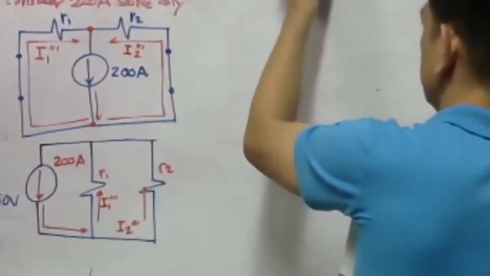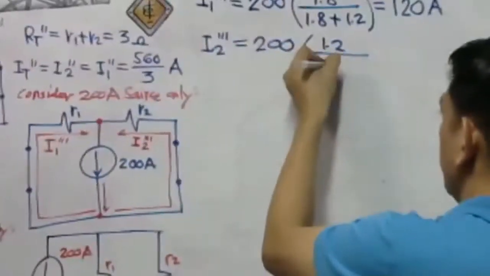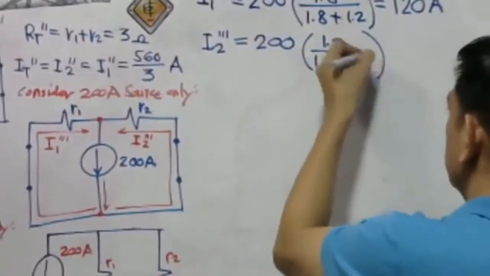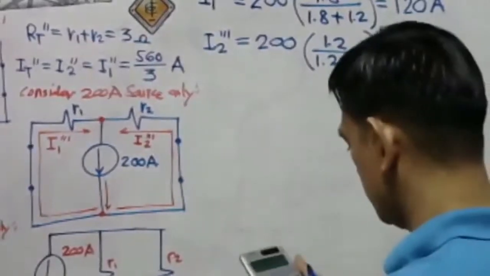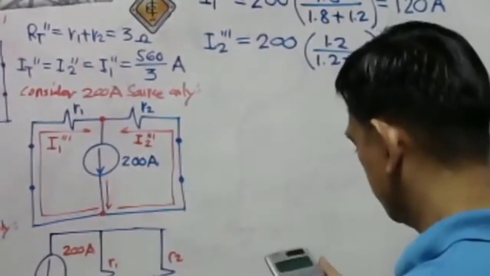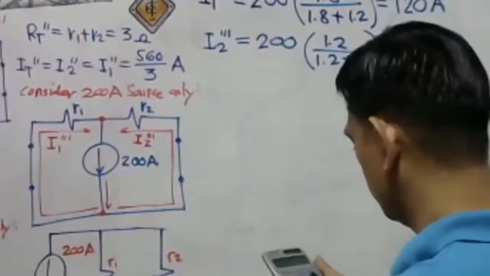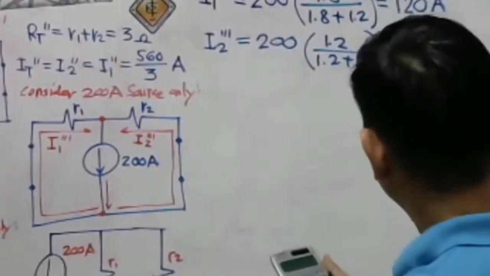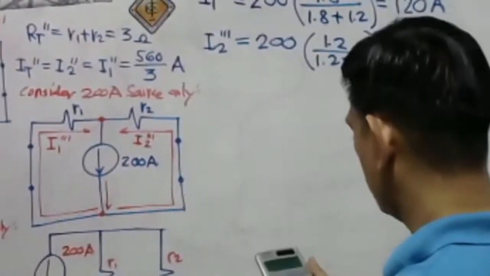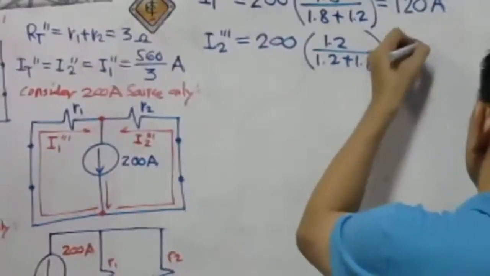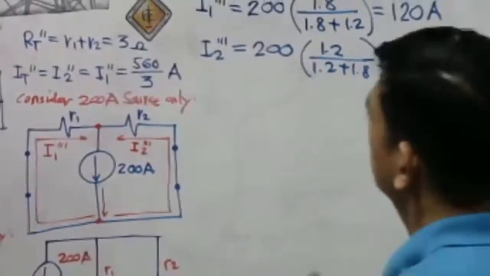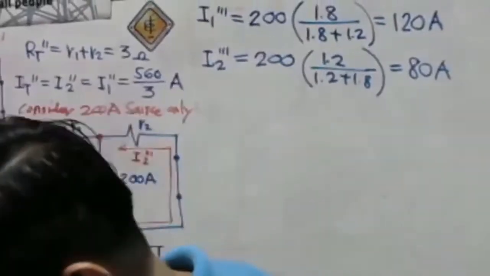R1, which is 1.2 over 1.2 plus 1.8. So we have 200 times 1.2 divided by 3, which is 80 amperes.